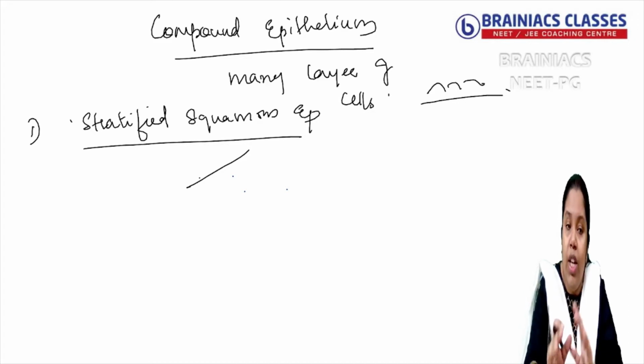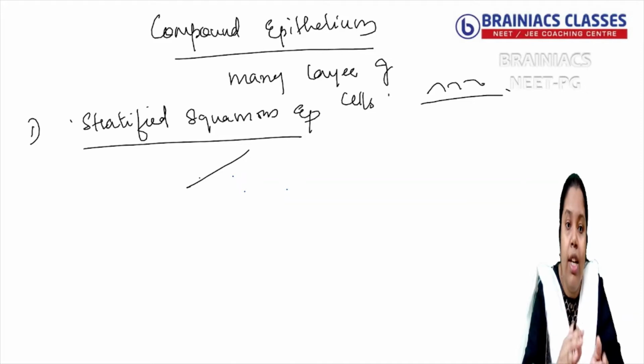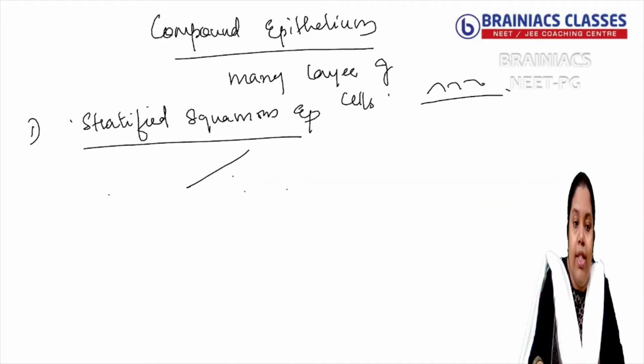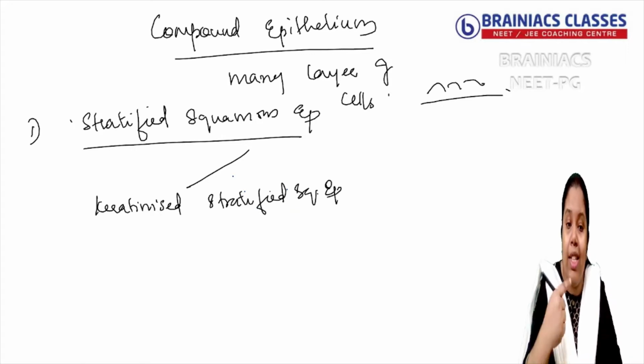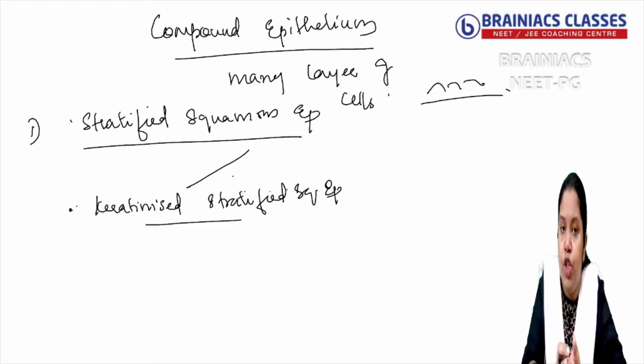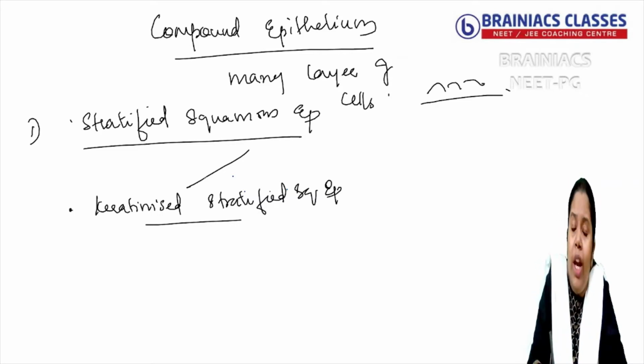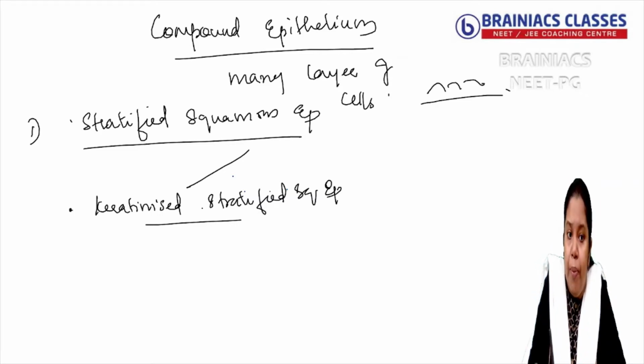So if there is keratin deposition over the squamous cells, we will call it keratinized stratified squamous epithelium. Where can you see keratinized stratified squamous epithelium? It is present in the skin and in the distal part of the anal canal, right?